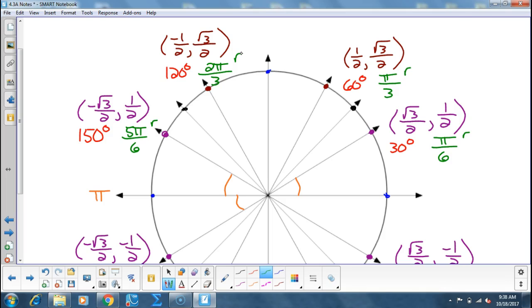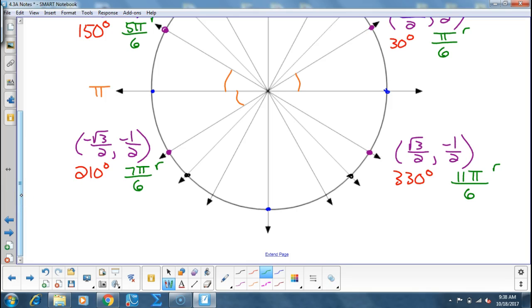2 pi over 3 plus pi over 3 gets me 3 pi over 3, which is pi. I've already done that one.